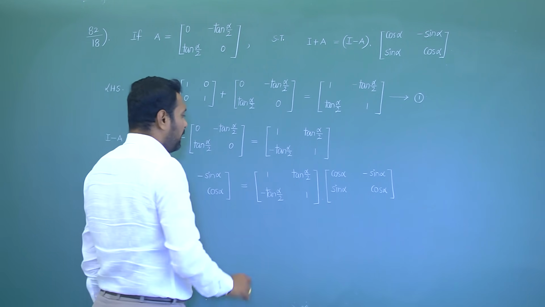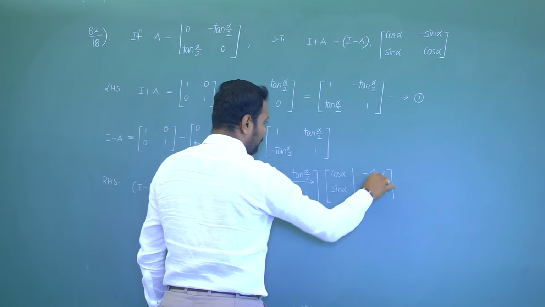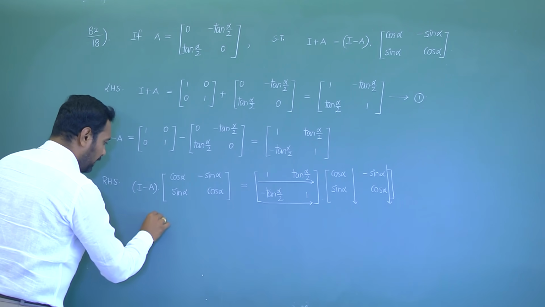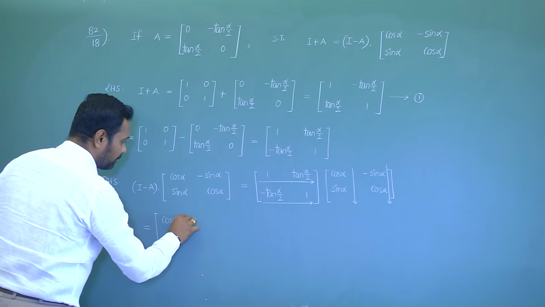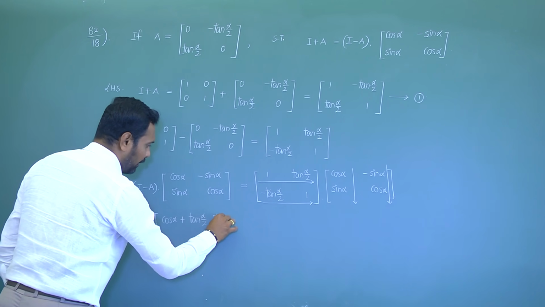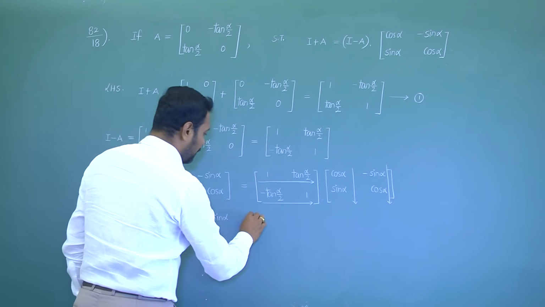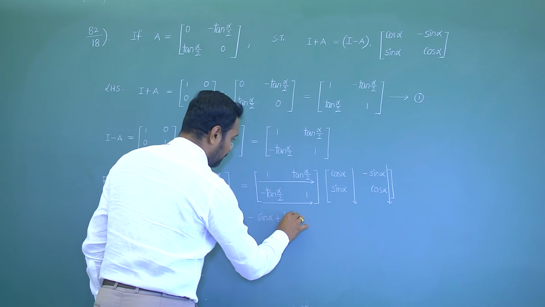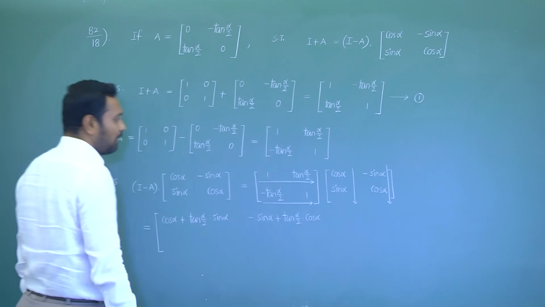How to multiply two matrices? You know that for the first matrix we need to use horizontal lines, and for the second matrix, we need to use vertical lines. So if you multiply, you will get 1 into cos alpha plus tan alpha by 2 into sin alpha. First row, second column element: minus sin alpha plus tan alpha by 2 into cos alpha.